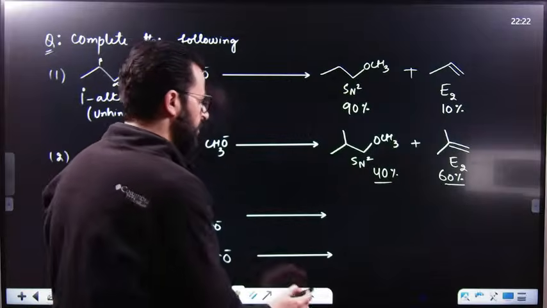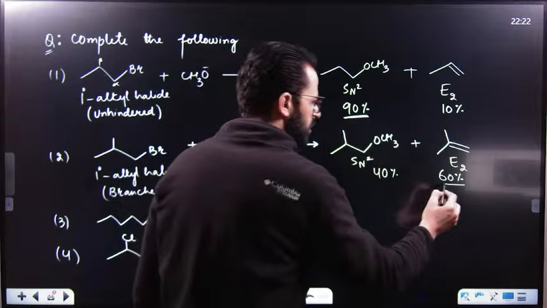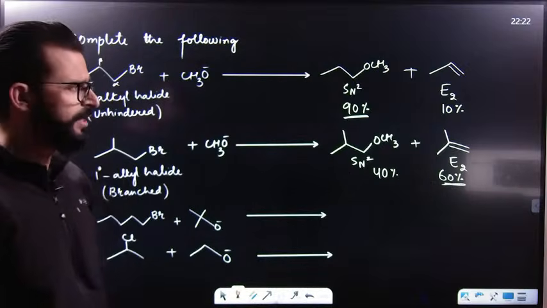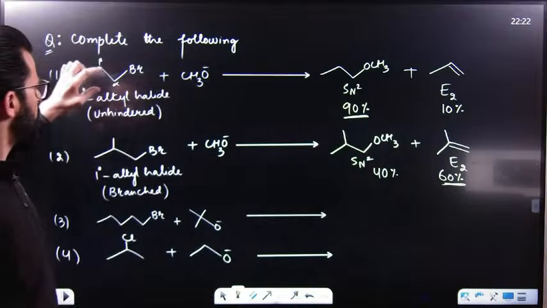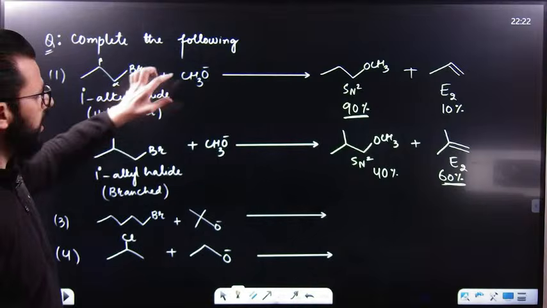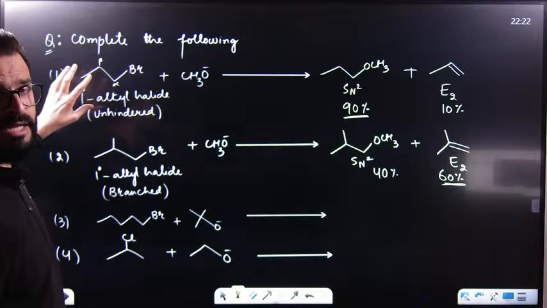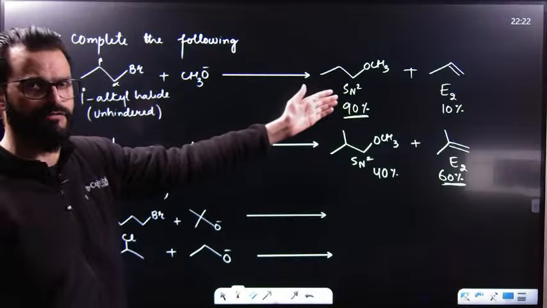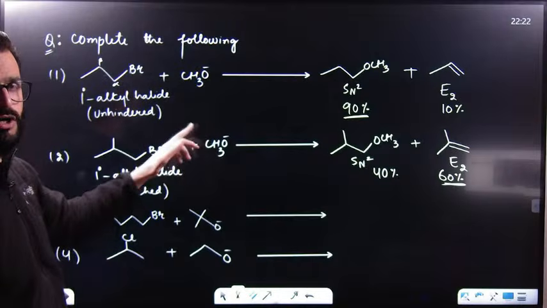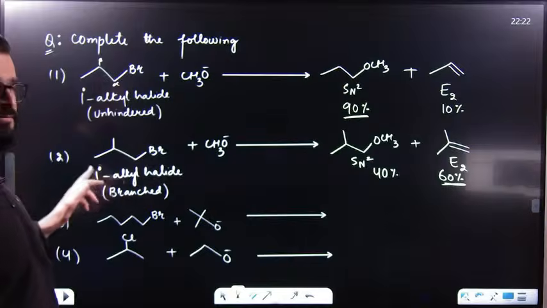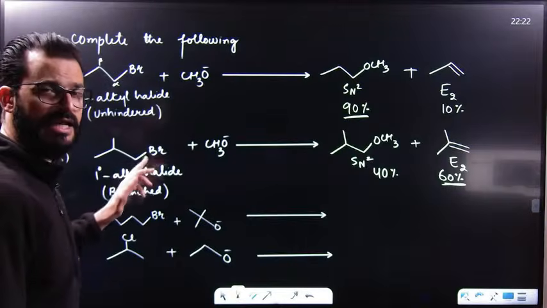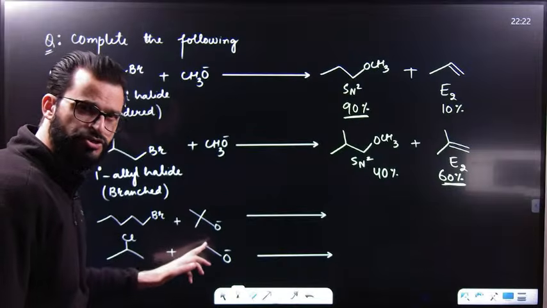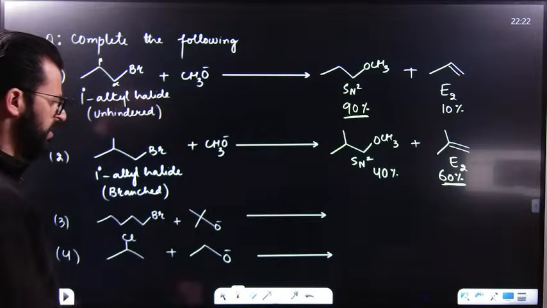Now have a look, here this will be major. Now, at what time will SN2 be favored and at what time will E2 be favored? If alkyl halides are primary and reagents are strong, and the primary alkyl halide is without hindrance, without branch, then SN2 will be favored with strong reagents. And with a strong reagent, E2 will be favored if either the primary alkyl halide has a branch or the base, the strong negatively charged reagent, has a branch.